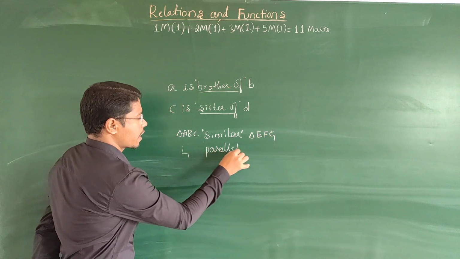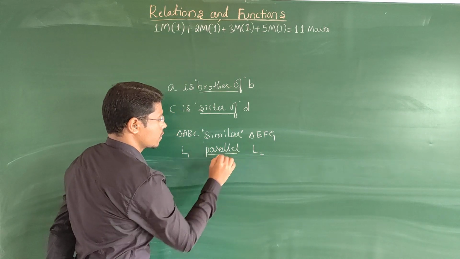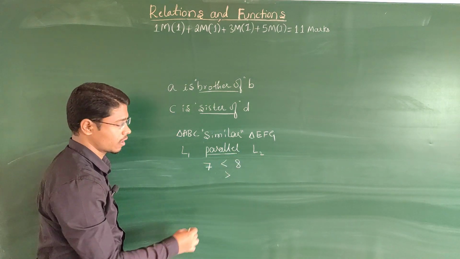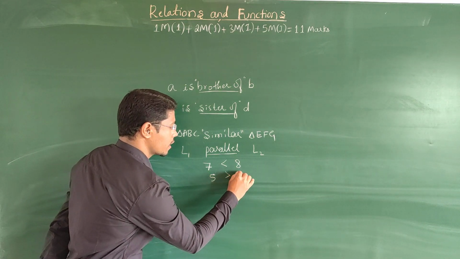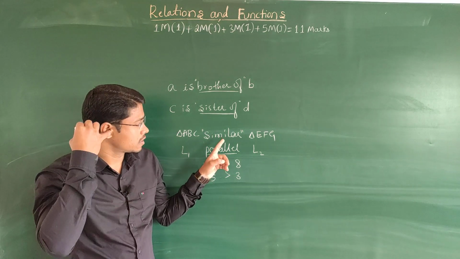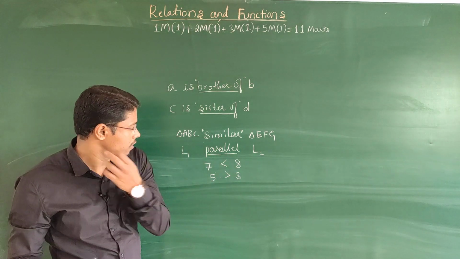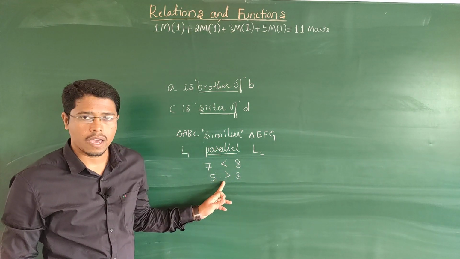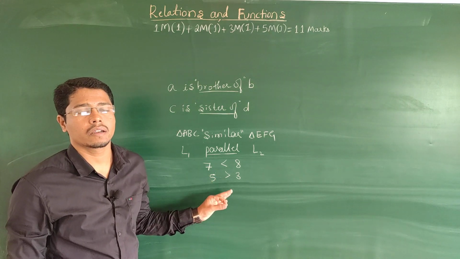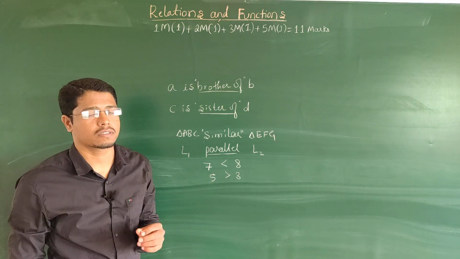Line L1 is parallel to line L2. 7 is less than 8. 5 is greater than 3. So here the words similar, parallel, less than and greater than represent the mathematical relation between two things.